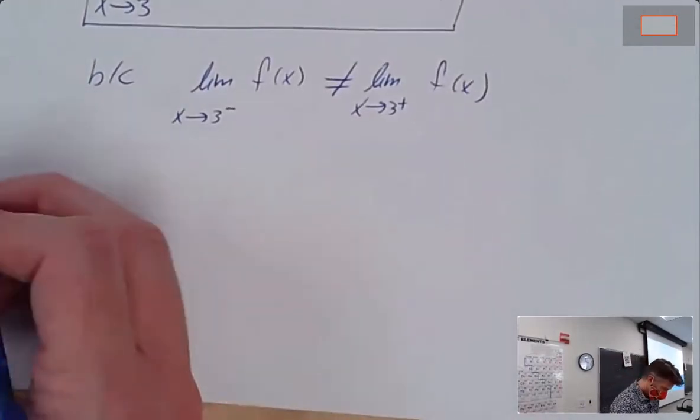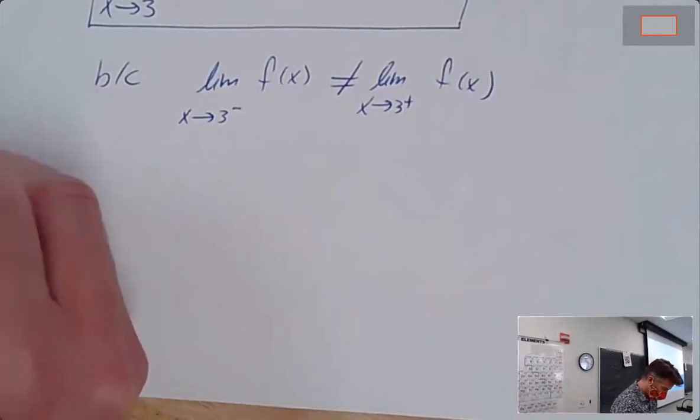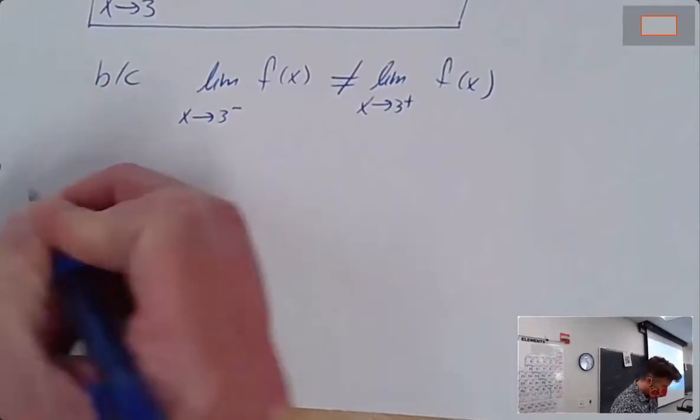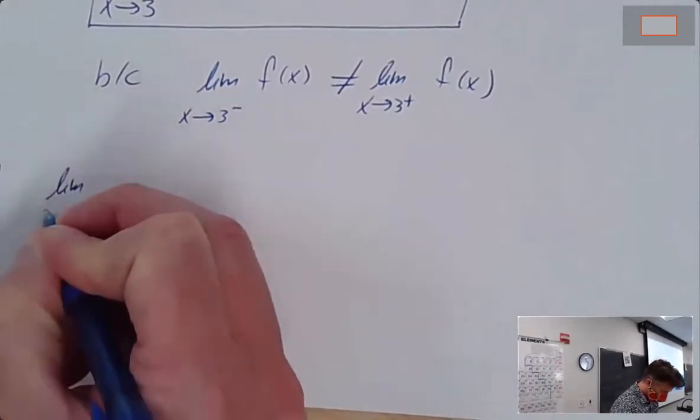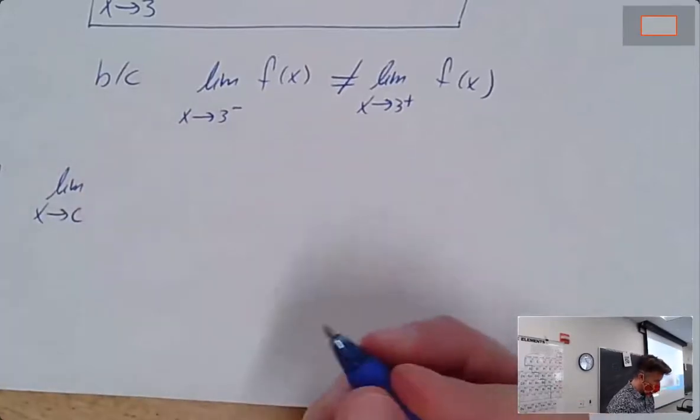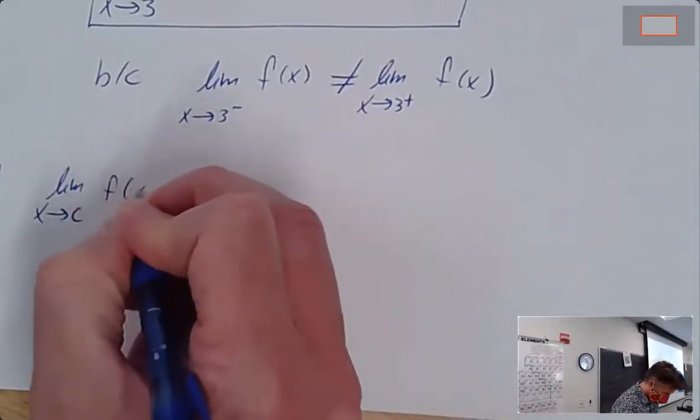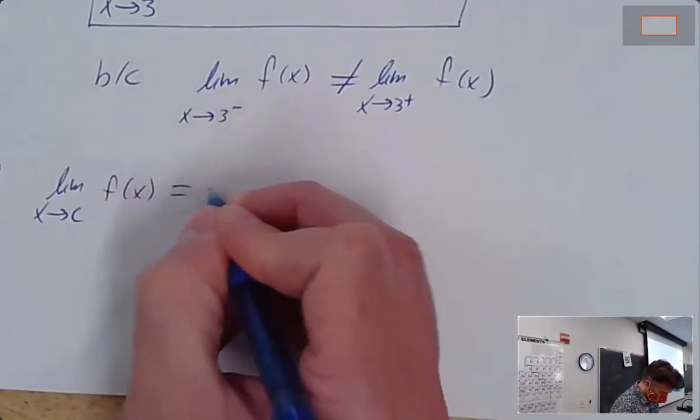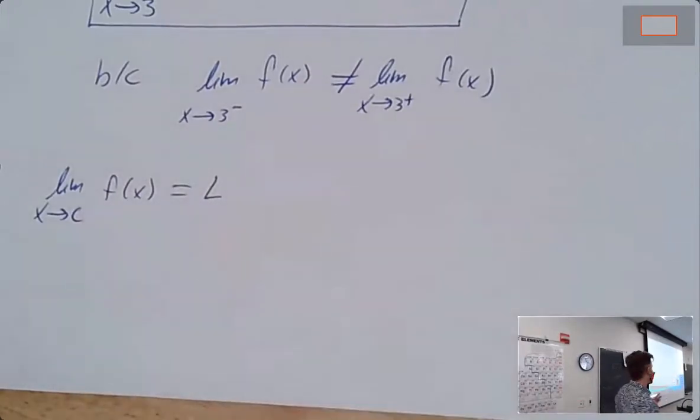So here's what we get to say. If the limit as x approaches some c value of f of x is equal to L. So this is very general notation, right? We're saying if x is approaching some value and the limit is equal to some value, I kind of wrote this a little backward.